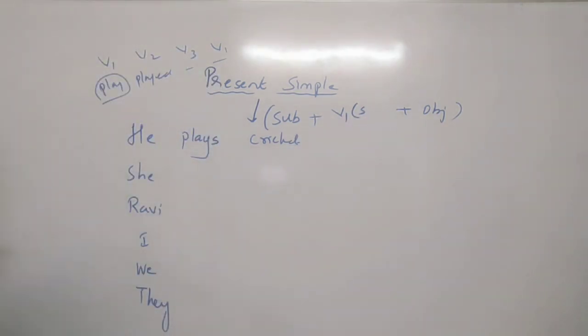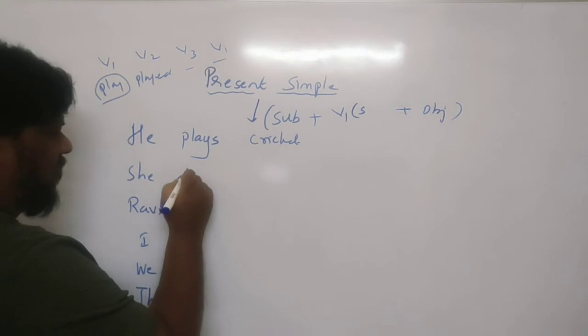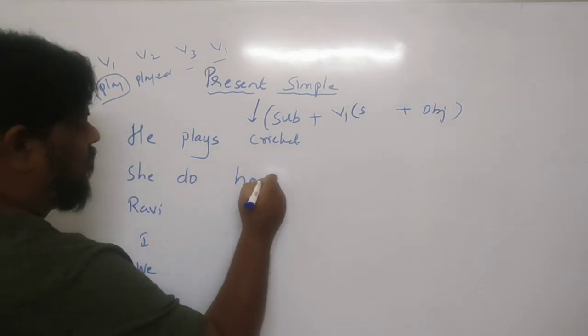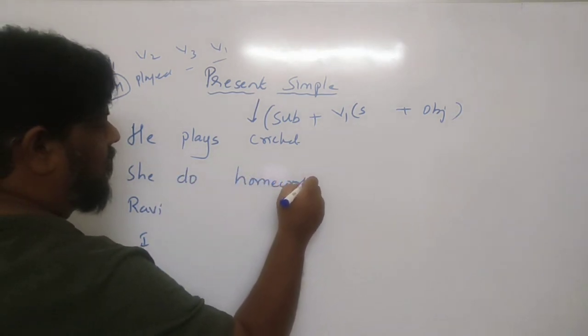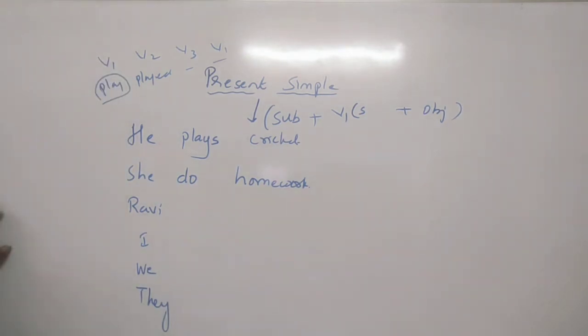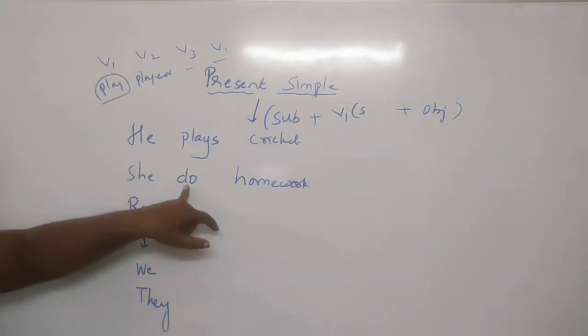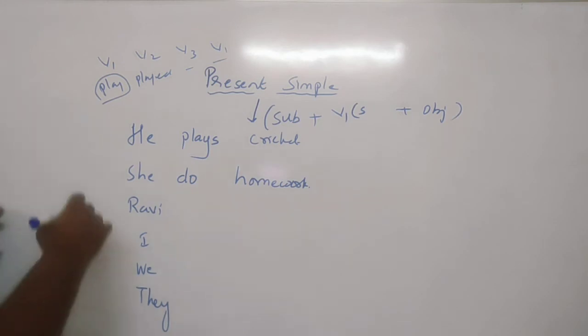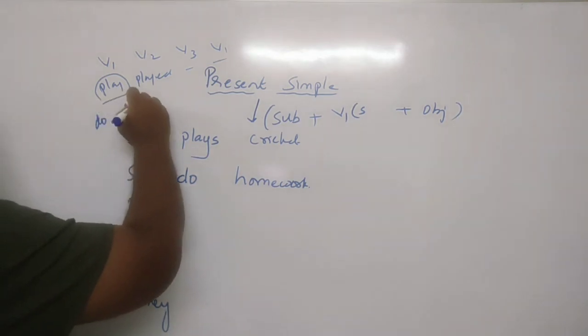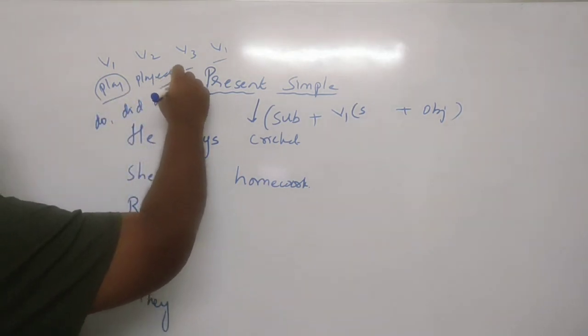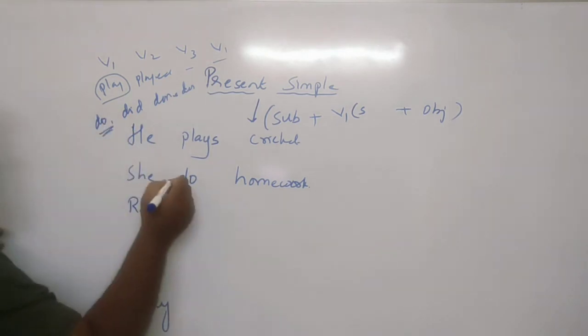And then she do homework. Even now I don't think it is right. Do, did, done, doing. So V1 is do.